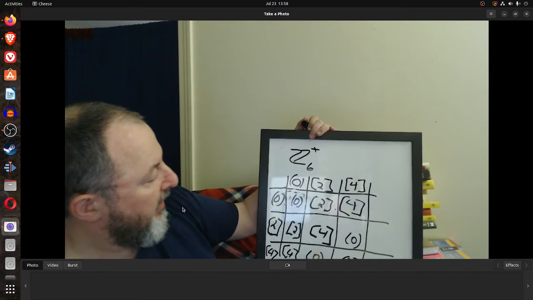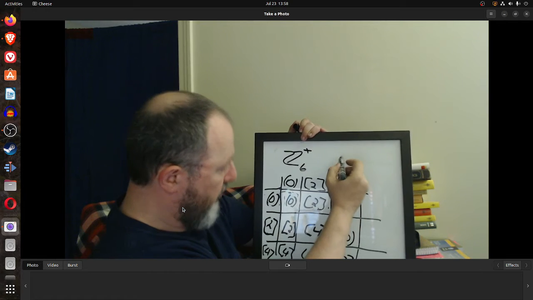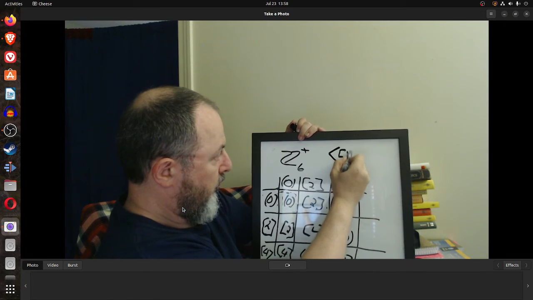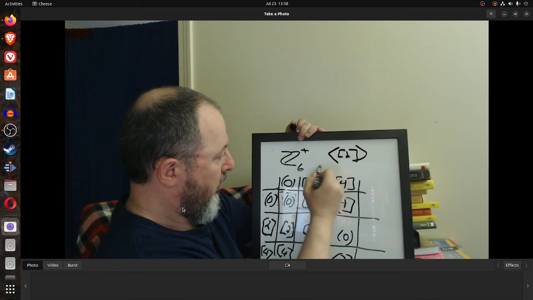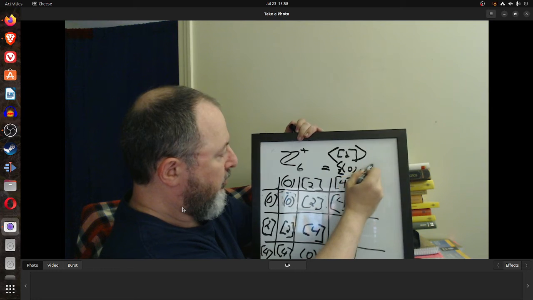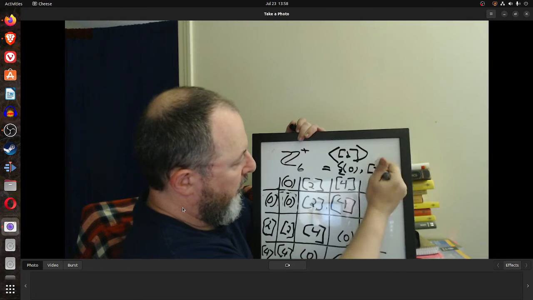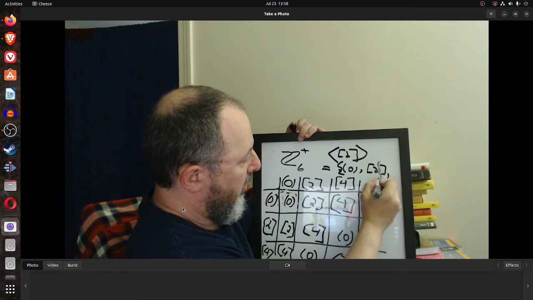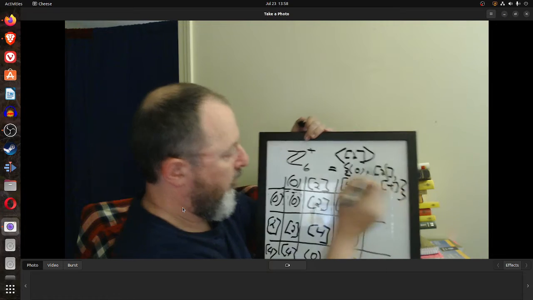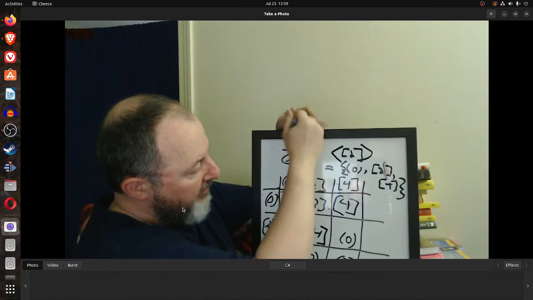So in the group generated by 2, we have 0, 2, and 4, and that has 3 elements.